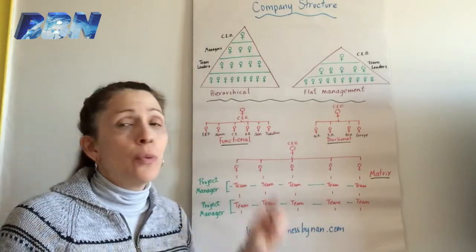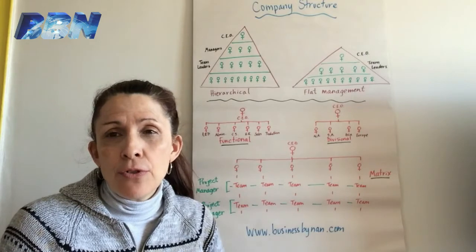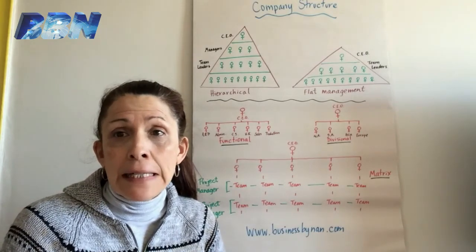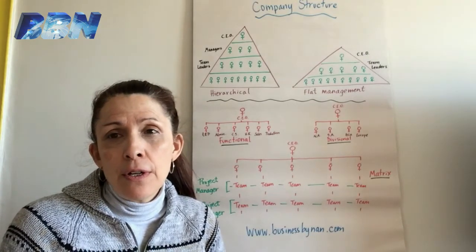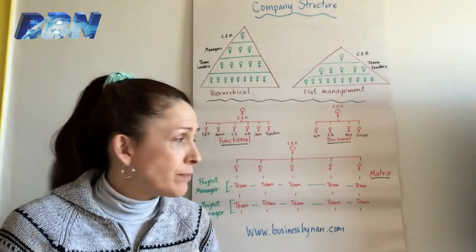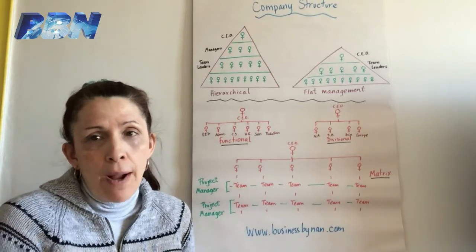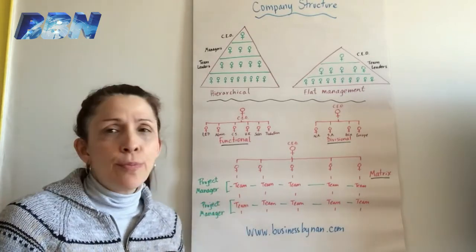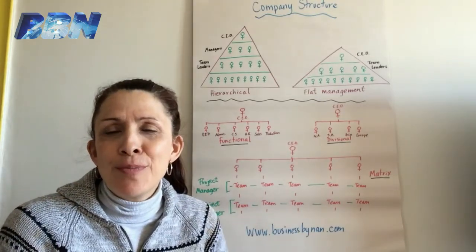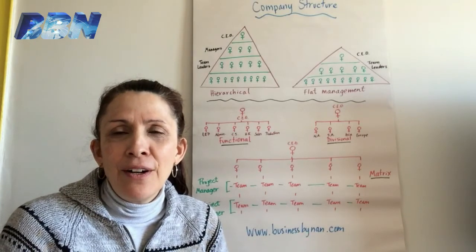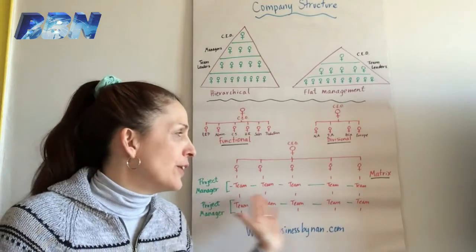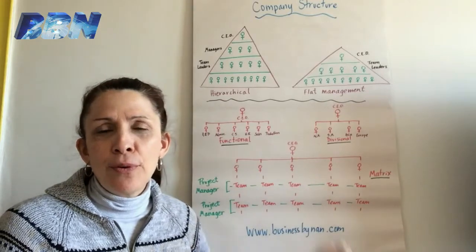Or is it easier to work in a functional company structure because of the clear function of each team leader or manager? Or maybe you want a combination of both, called the matrix. Why? Because of these short-term projects. So you can have these project managers looking over the horizontal team, as well as reporting vertically.